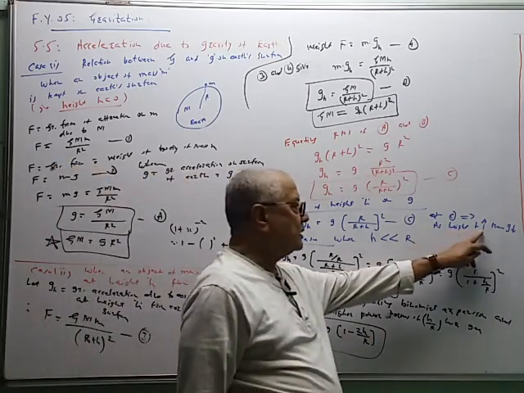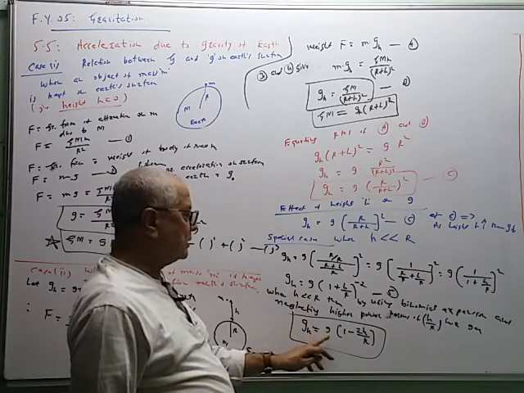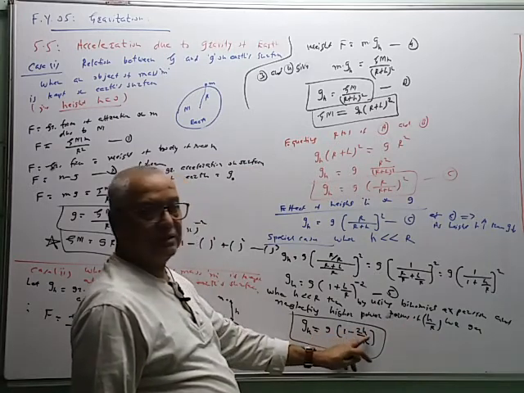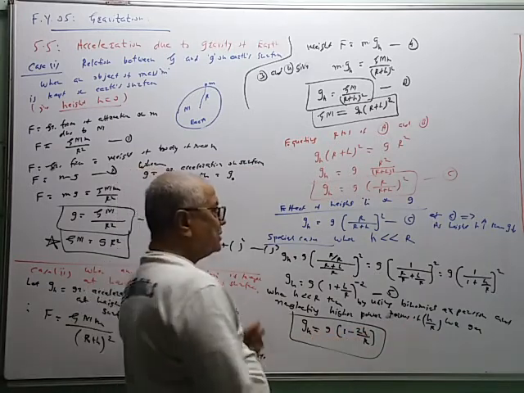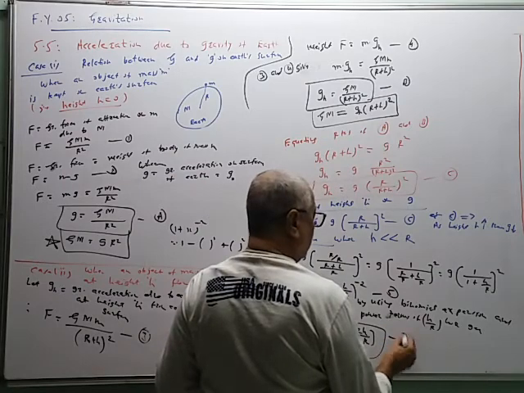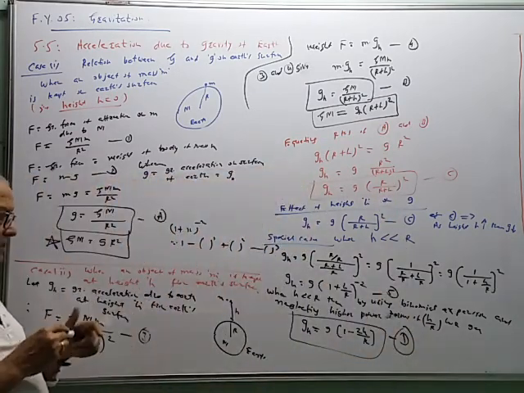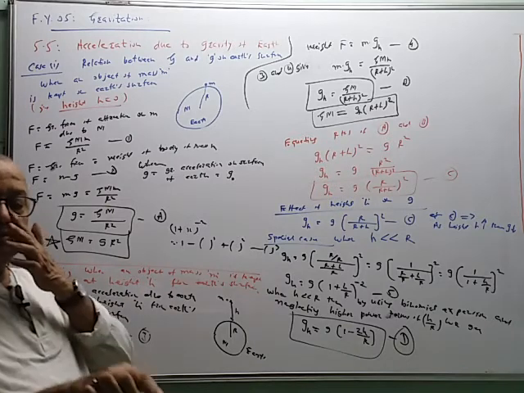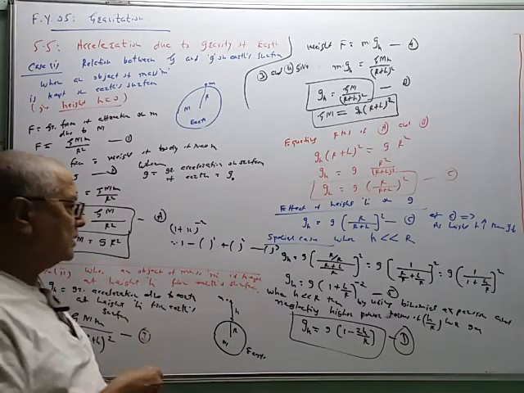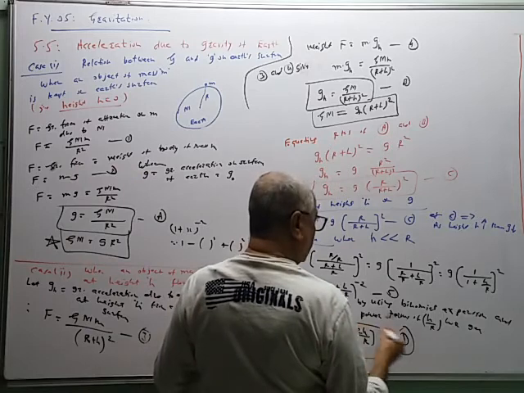As the height h increases, the value of gravitational acceleration decreases, because this is 1 minus 2 times h upon R. This is equation D. The result is same. As height h increases, the value of gravitational acceleration goes on decreasing. But this equation has a condition.